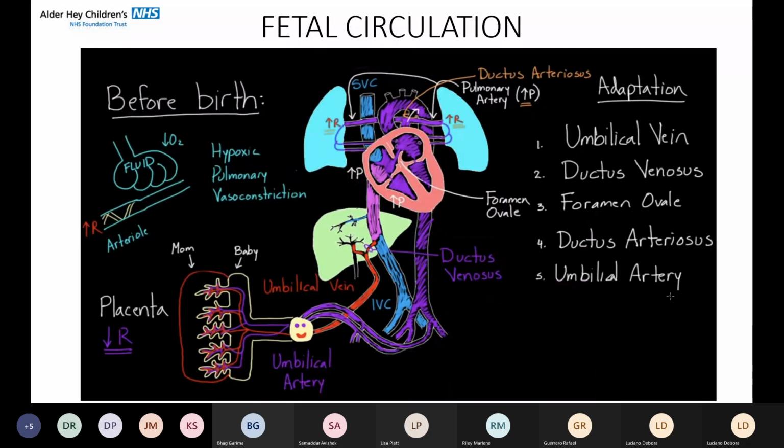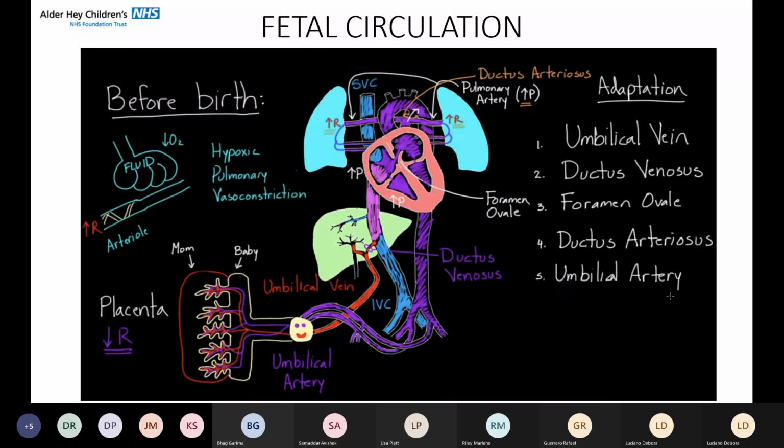There are a few mechanisms that impact the high pulmonary vascular resistance. Remember that one of them is that the alveoli are full of amniotic fluid, causing constriction of the arterioles, and therefore the phenomenon of hypoxic pulmonary vasoconstriction.